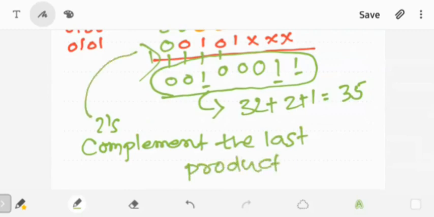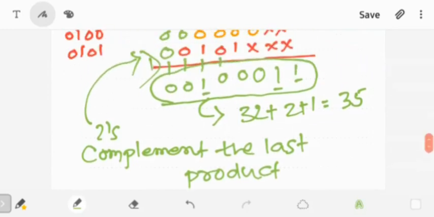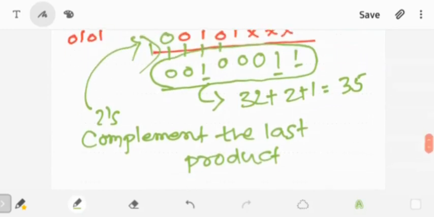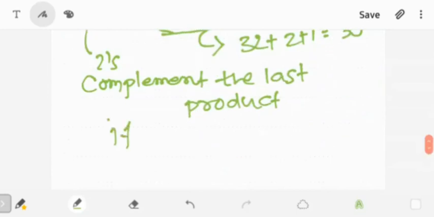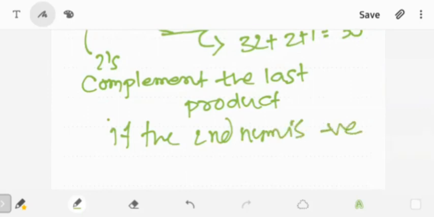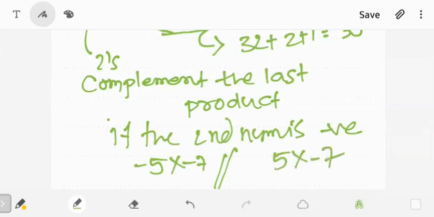When we are multiplying a positive or negative number with a negative number, if the second number is negative, this is applicable, as in minus 5 into minus 7. You try 5 into minus 7 at home, and tell me the result tomorrow.